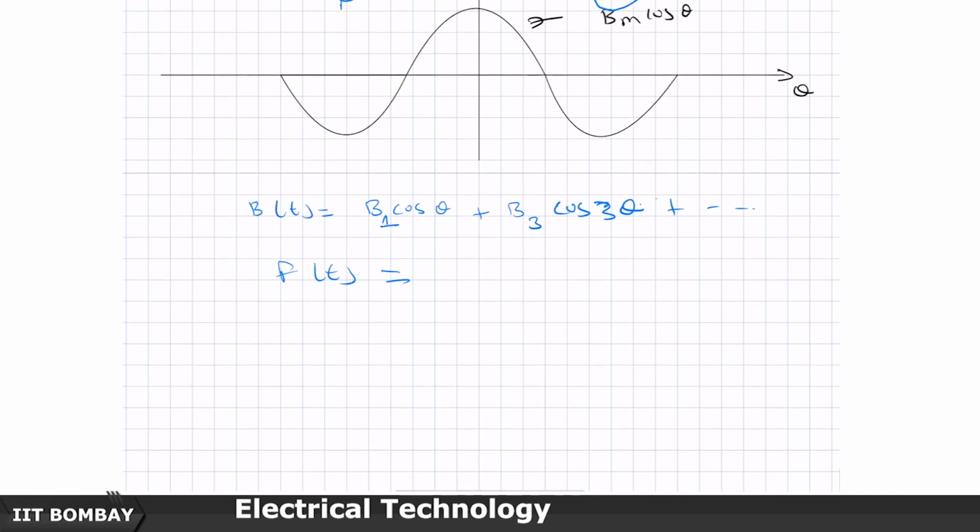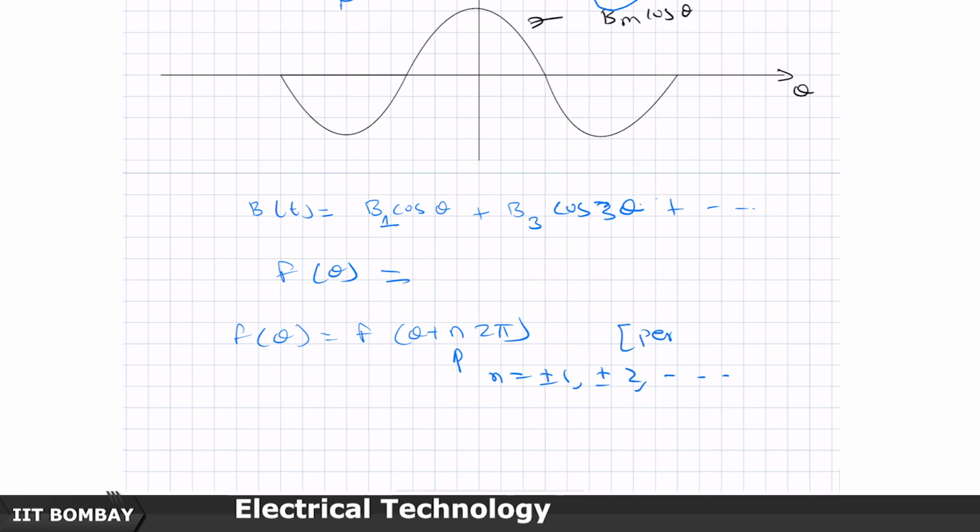In general, waveforms which are periodic are usually shown as f of t, but it could be f of x, and since I am talking of theta here, let me write it as f of theta, provided that it is periodic, which means that f of theta is equal to f of theta plus 2 n pi, where n is any integer, plus or minus 1, plus or minus 2, whatever.